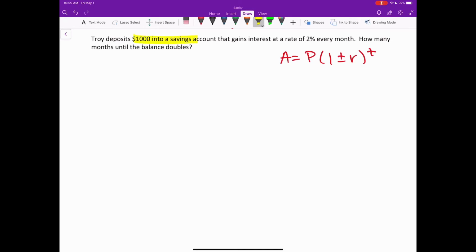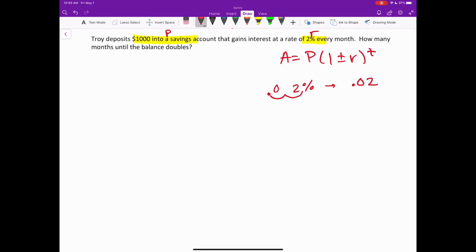Again, we have an initial value, so that's my p-value. Gains interest at a rate of 2% every month. So 2%, that's my rate, and 2% as a decimal. So off to the side, I'm saying 2% as a decimal is, I move that decimal place over twice, fill in that 0, so 2% as a decimal is 0.02.